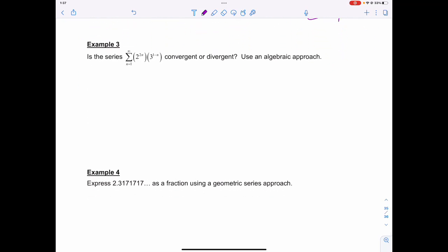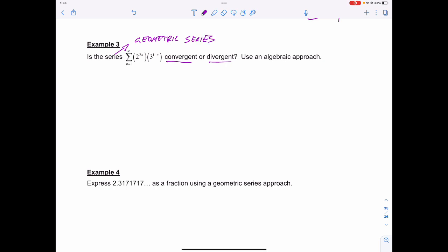For example 3, it says, is the series where I'm taking the sum from n equals 1 to n equals infinity of 2 to the power of 2n times 3 to the power of 1 minus n convergent or divergent. In this case, we're looking for a geometric series.